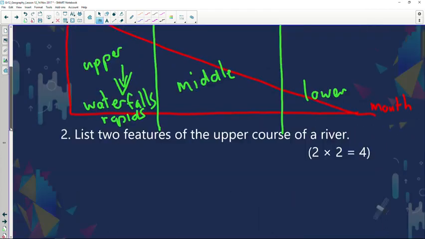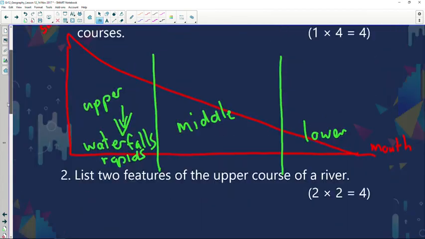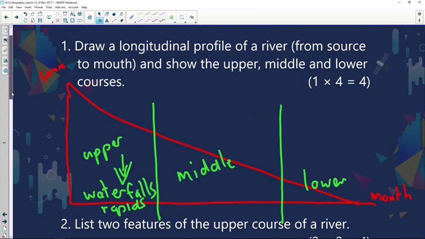Now if you look at our next question, describe a river in its lower course. Now can you remember when we discussed the river profile? Lateral and vertical erosion taking place. If you look at the river bed, it's getting deeper and wider. But what happens at the lower course?